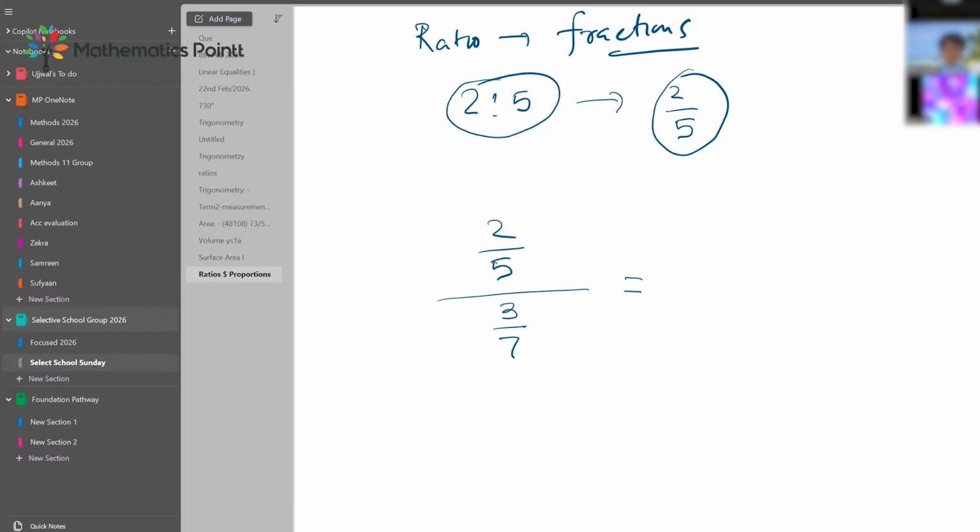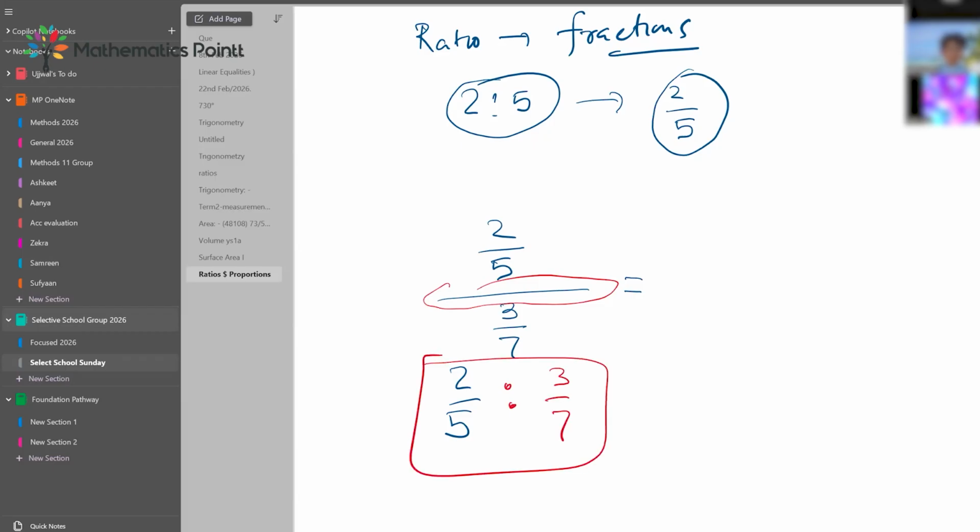Which essentially means that I can write this as 2/5, and this bit here is the ratio 3/7. I think you can do it now. Yes or no? People who said they don't know how to do it, can you do it now? You can. So there's no common multiple between 5 and 7. So I have to just times here by 7, times here by 7, times here by 5, times here by 5.